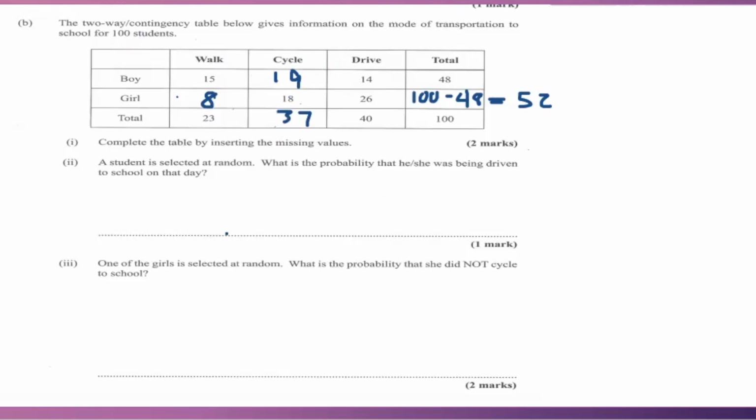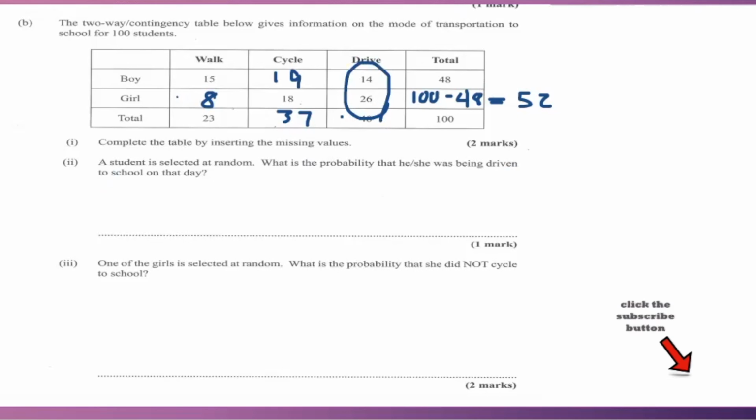Now, the next part states, a student is selected at random. What is the probability that he or she was being driven to school on that day? Now, the probability that this student has been driven, the total amount of students that's driven. Probability is the number of students being driven over the total amount of students.